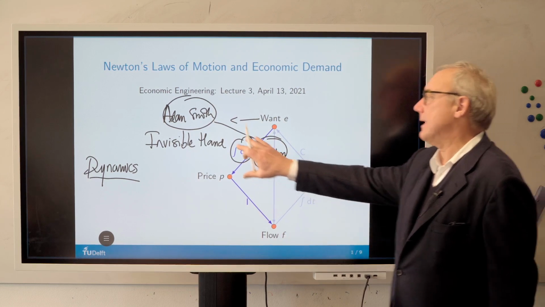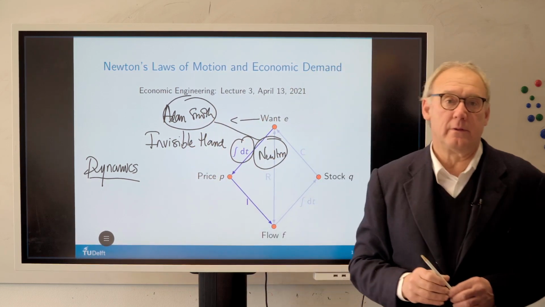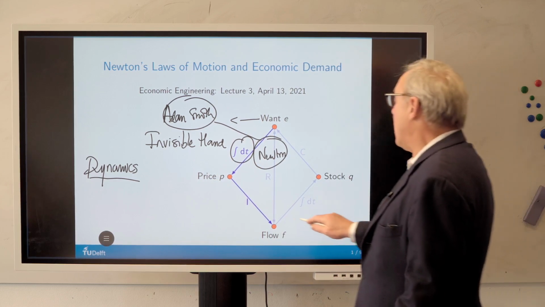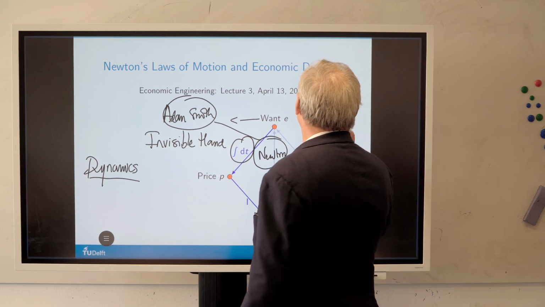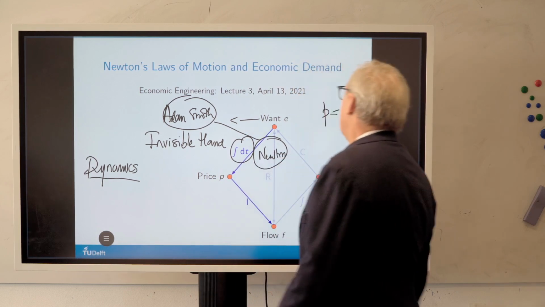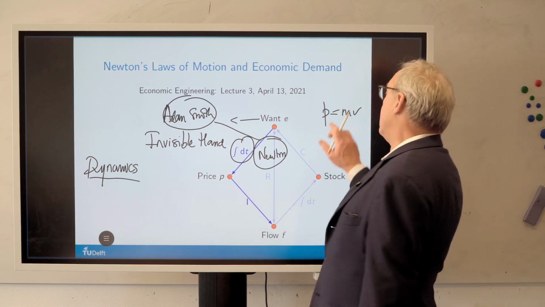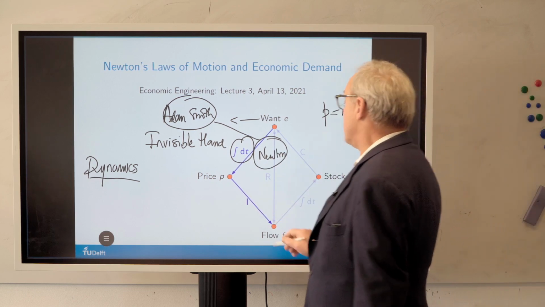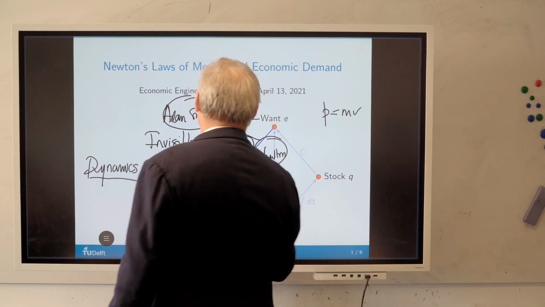All right, so Adam Smith never went so far as to say something like this. Now, how a mass relates the price and the quantity demanded, or how demand relates the price with the quantity demanded, was done by Marshall. And this is called the law of demand.